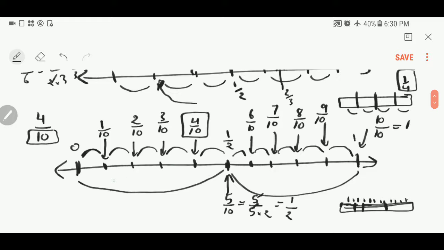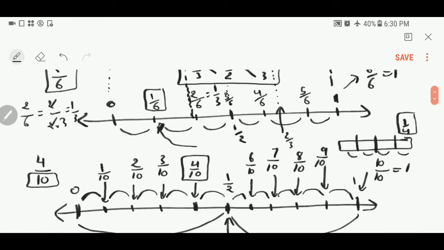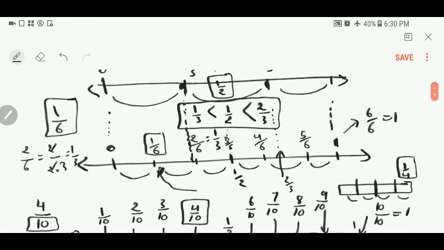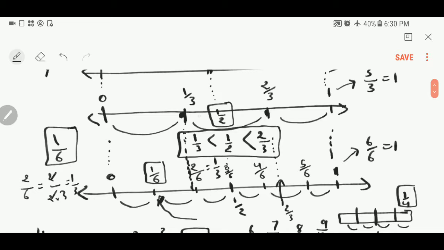We can actually compare which one is greater. So it's over here. Remember, 1 over 6 was below here. 1 over 6 is somewhere here. Okay, and then 2/3 was here.